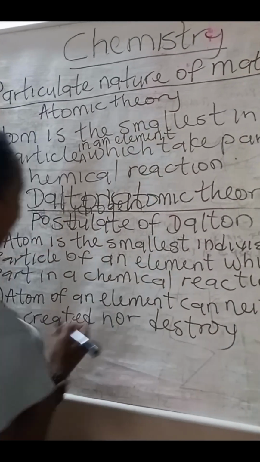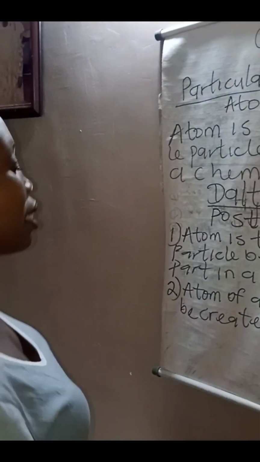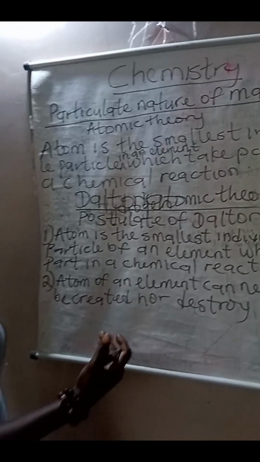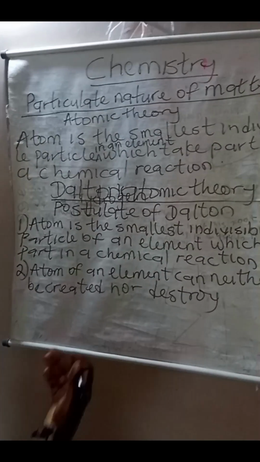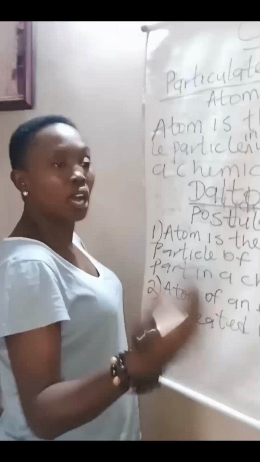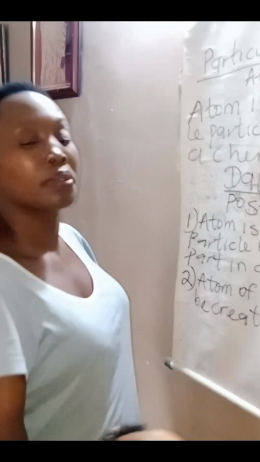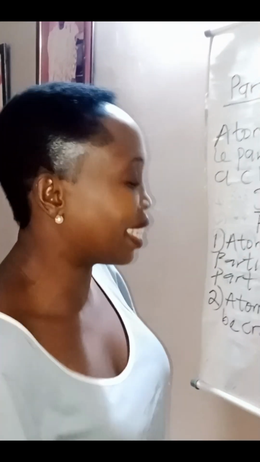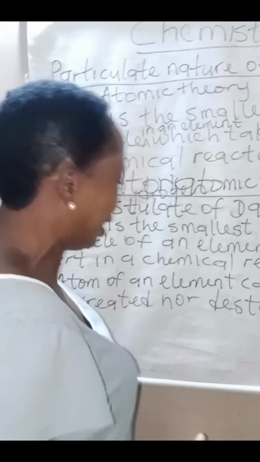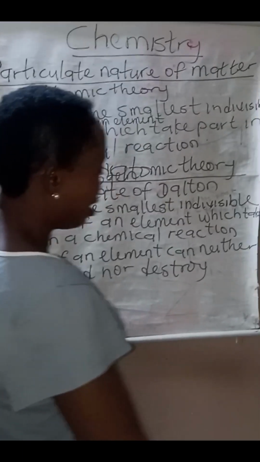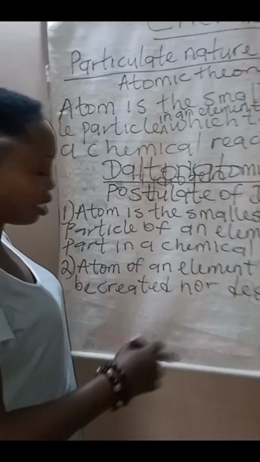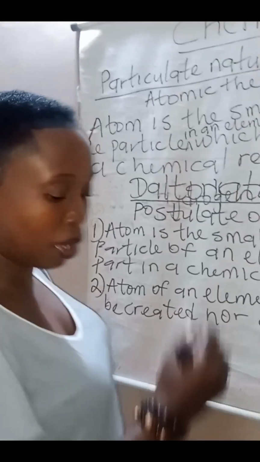He says atom of an element can neither be created nor destroyed, telling us that in an atom of an element like sodium, helium, you cannot break it down. You cannot destroy it or create another element from it. That is what Dalton is telling us in this postulate.